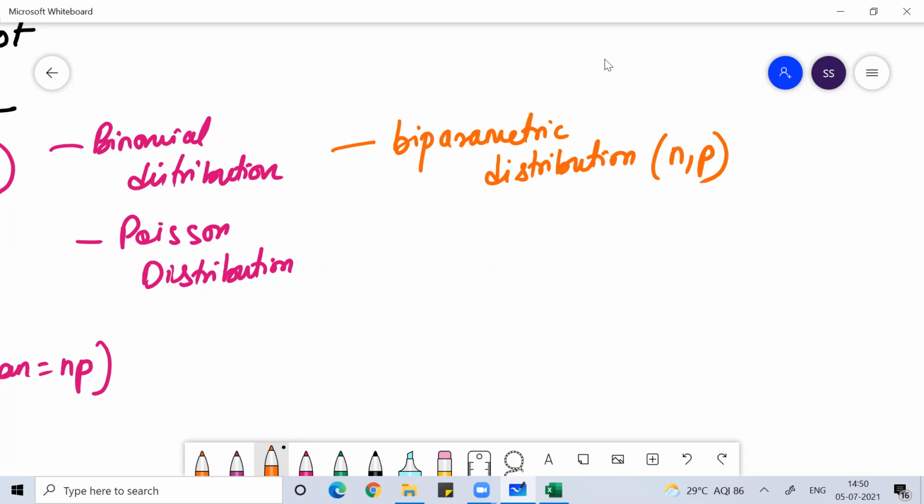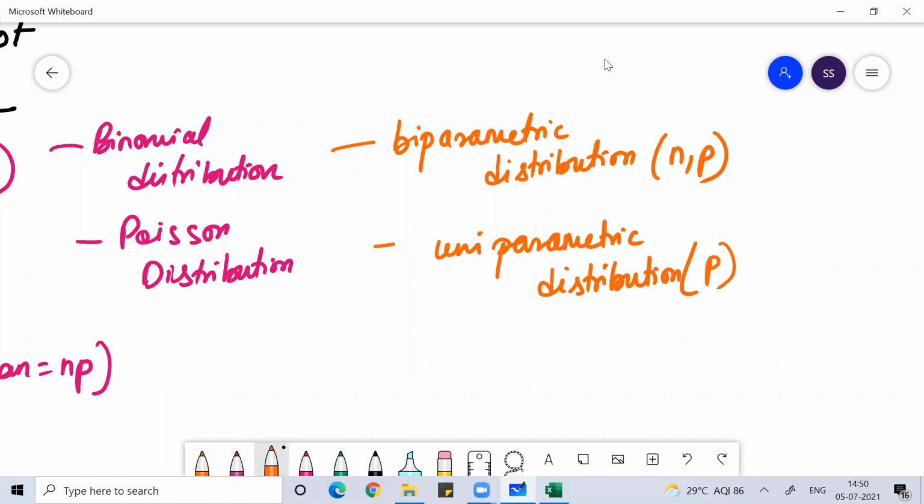But Poisson distribution is a uniparametric distribution. So in the case of Poisson distribution, we don't have separate formulas for n and p and so on.